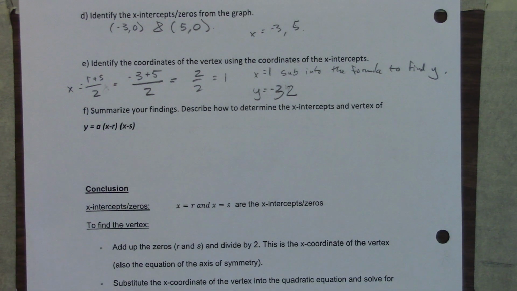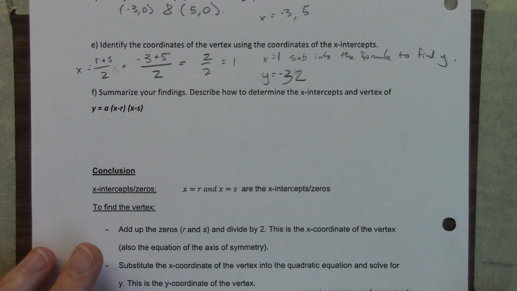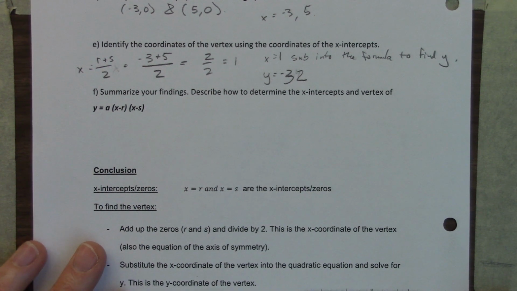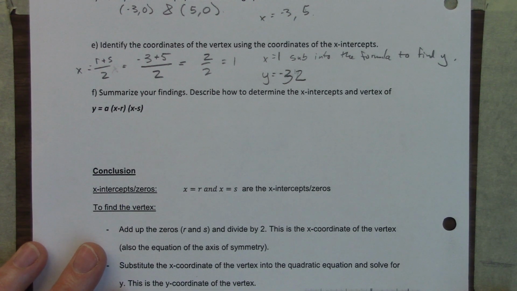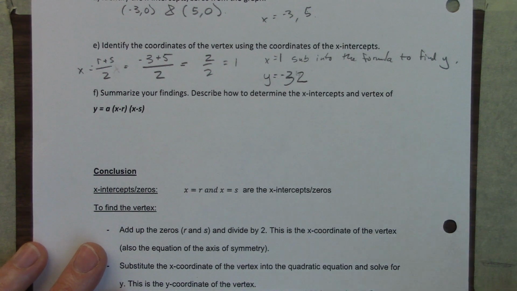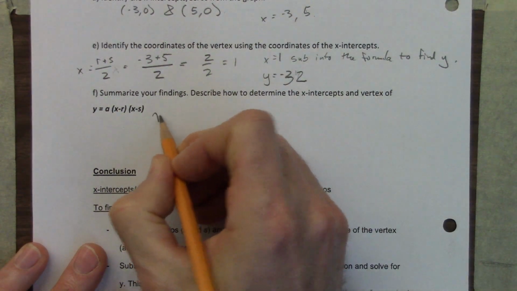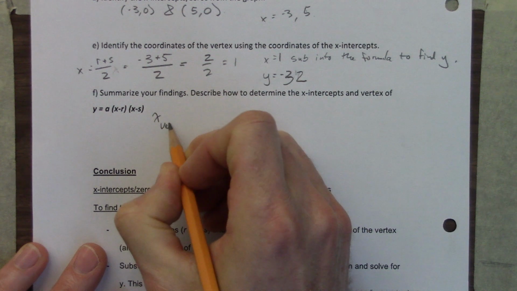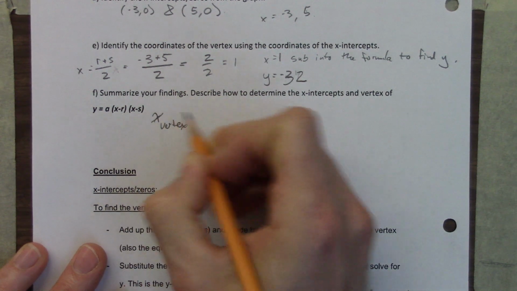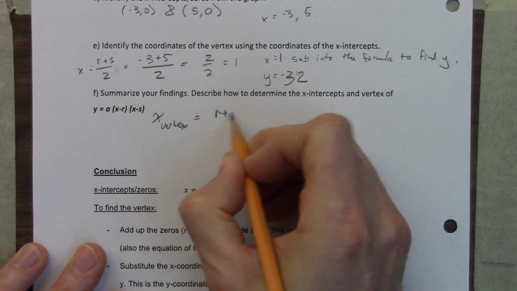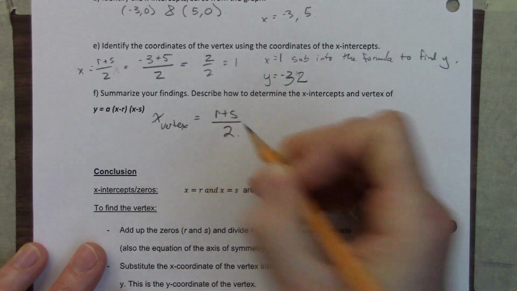Finally, it says, summarize your findings, describe how to determine the x-intercepts and vertex of this. Well, the x of the vertex, that's the axis of symmetry. So this is just r plus s over 2.